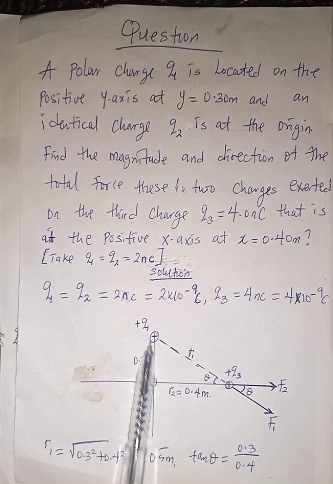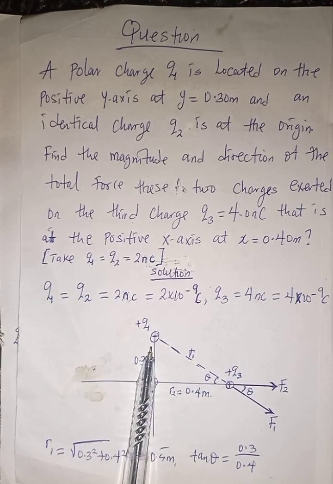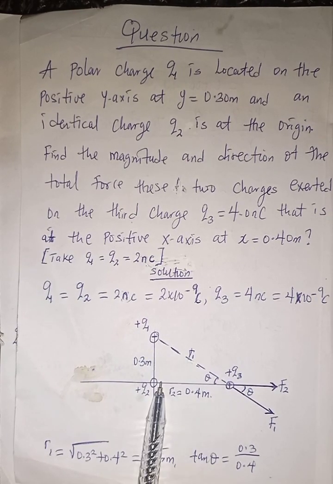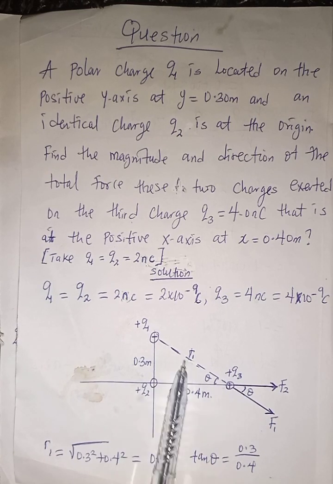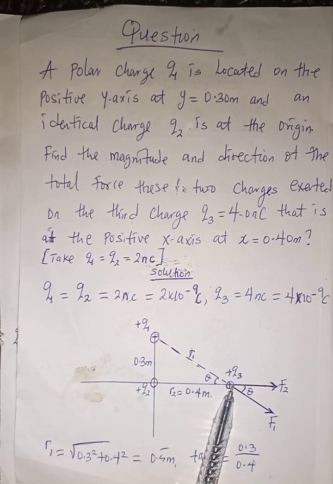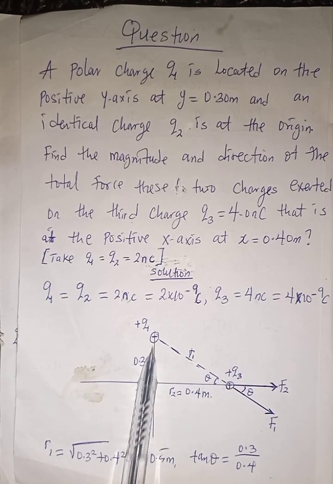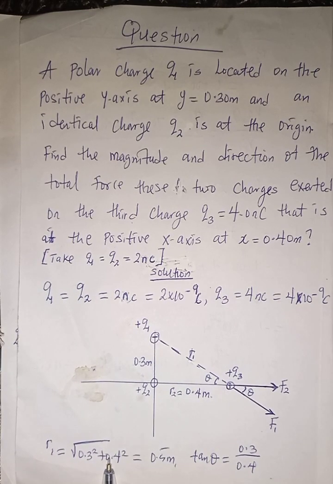If you check this diagram, this shape is a right angle triangle, and here is the hypotenuse because it's facing the 90 degree angle. The square of the hypotenuse must equal the square of this side plus the square of the other side. So r1 is equal to the square root of 0.3 squared plus 0.4 squared. From Pythagoras' theorem, this gives us 0.5 meters.